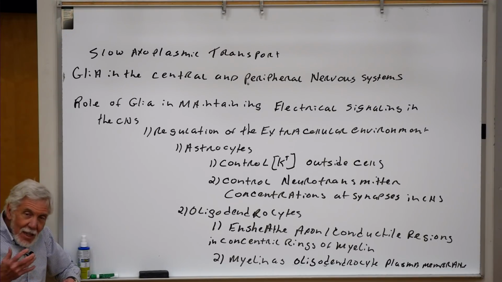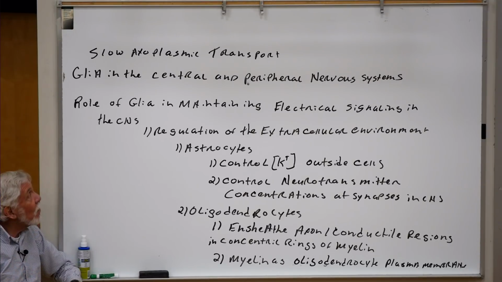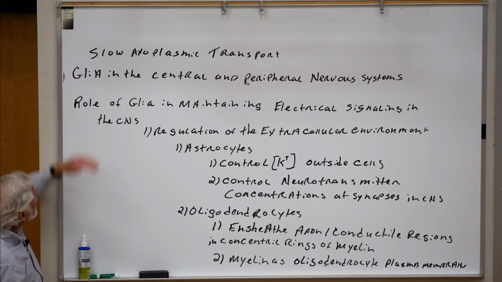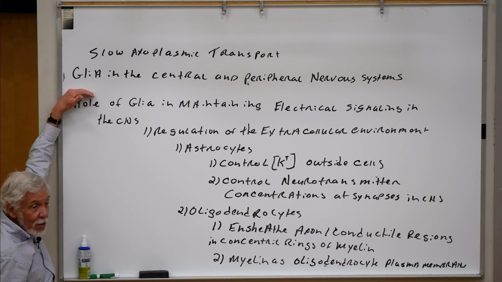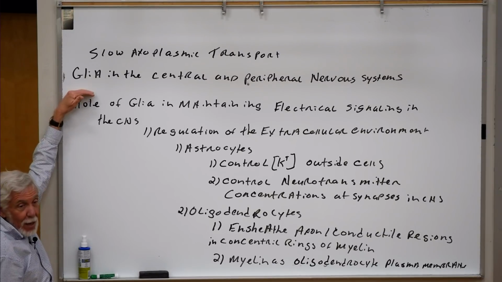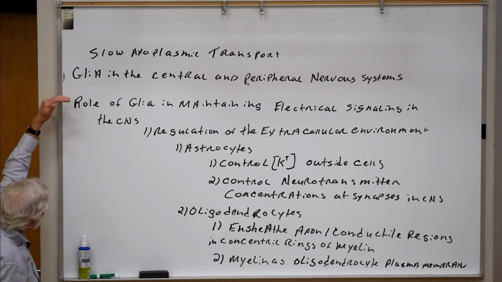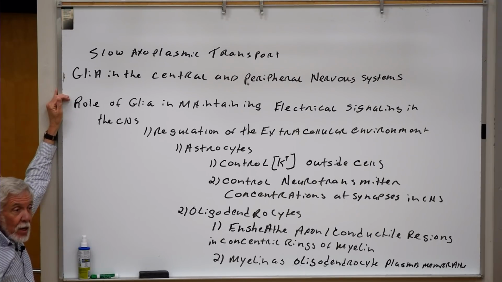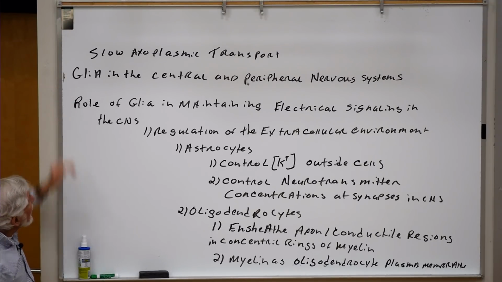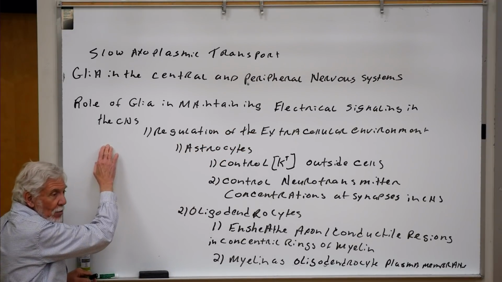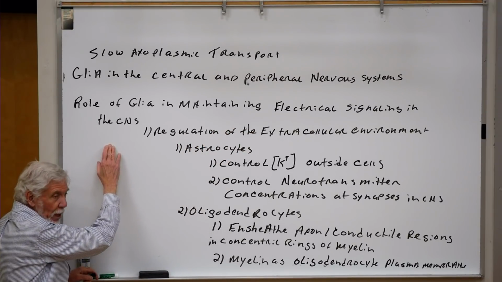But even in the early days, in the late 1800s, they sort of disrespected the glia. In fact, glia in Latin means glue. The idea was that the whole nervous system was simply held together by these cells. Well, they've gained some more respect over the years, but not a whole lot. We now recognize that they're maintaining the environment for electrical signaling for neurons. The neurons don't do much for themselves.